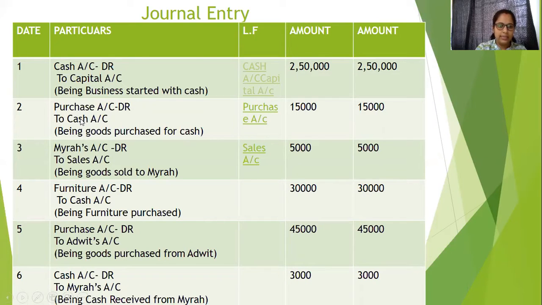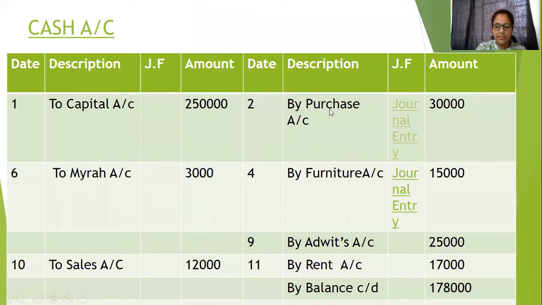In the second entry also we see cash is credited. Why is it credited? Because we are making a certain purchase. So for making the purchase, we are crediting the cash. So in the ledger account also, it will be written on the credit side, because we are crediting the cash. Why are we crediting that? We will write the reason, and the reason will be by purchase. So when we check the cash account, see, we have written by purchase account 30,000 amount.